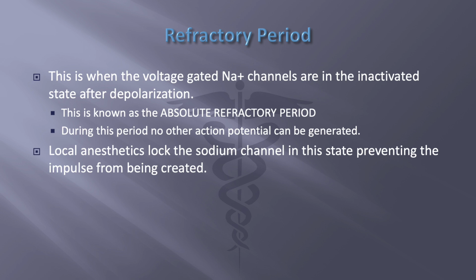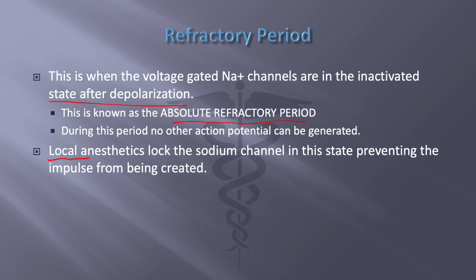Okay, so the refractory period, which we talk about in the heart as well. This is when the voltage-gated sodium channels are in the inactive state after depolarization, okay? This is known as absolute refractory. So during this period, no other action potential can be generated.